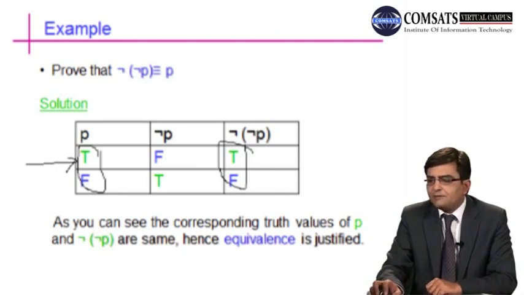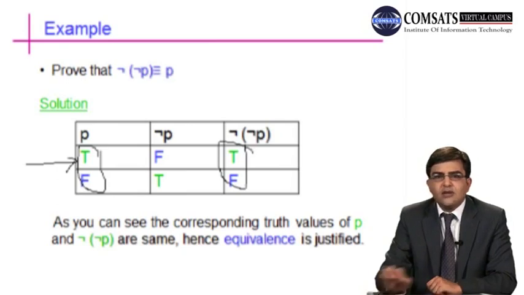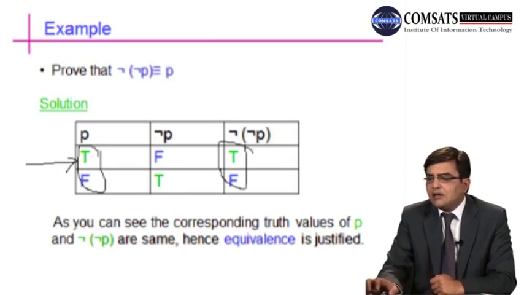we have the possible values of double negation of P, true and false. Now if we compare the two columns, we can see clearly that in the first row both truth values are the same. Here we have true, and in the second column the first row is also true, and in the second row the truth value of P is false, and in this column the truth value is also false.